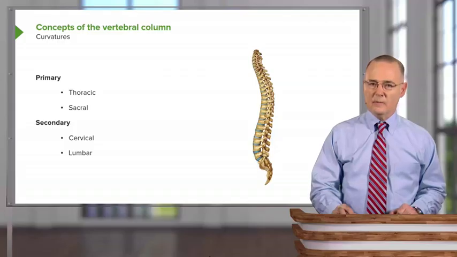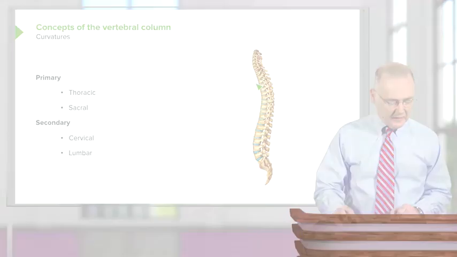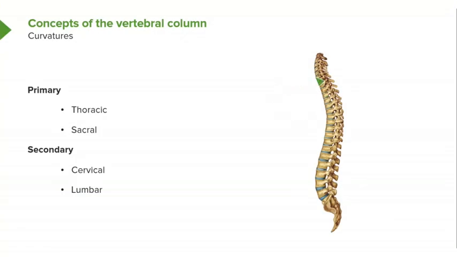The reason we want these concave primary curvatures is to increase the volume within the thoracic cavity to house our thoracic organs or viscera. Similarly, in the pelvic area, which is a very narrow region anatomically, we'll have a primary curvature here to house the pelvic viscera.